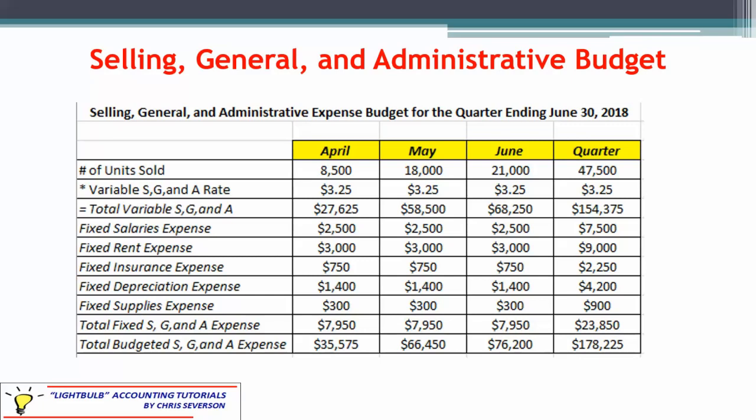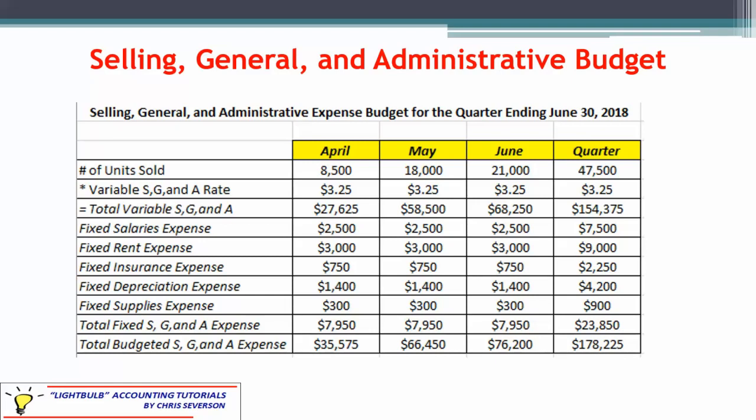And then we're going to add in various things: fixed salaries, fixed rent, fixed insurance, fixed depreciation, fixed supplies. Supplies could go either way, fixed or variable. In this case, we're saying they're fixed. Now, as I mentioned before, depreciation needs to be somehow separately identified because, yes, it's an expense, but it's not a cash payment.